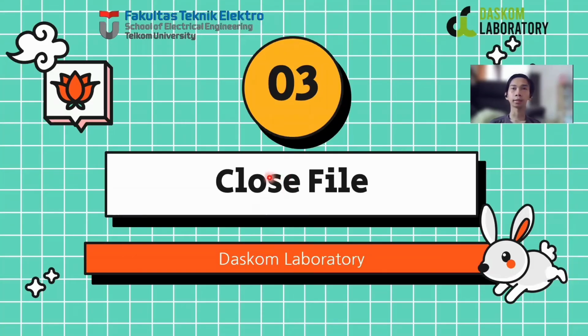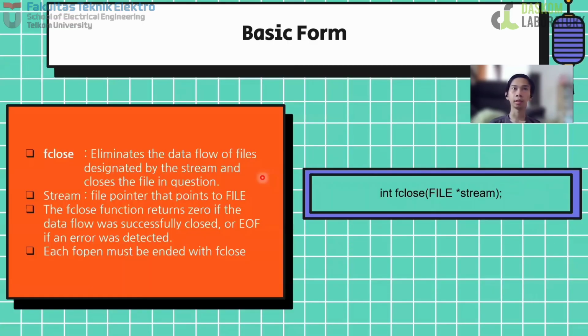Okay, for the next is close file. The basic form of close file is fclose with the file stream. The stream there is a file pointer that points to the file. Then fclose eliminates the data flow of the file designated by the stream and closes the file in question.